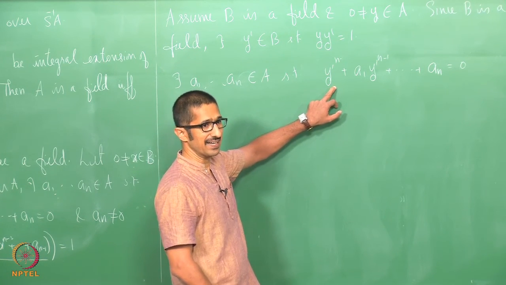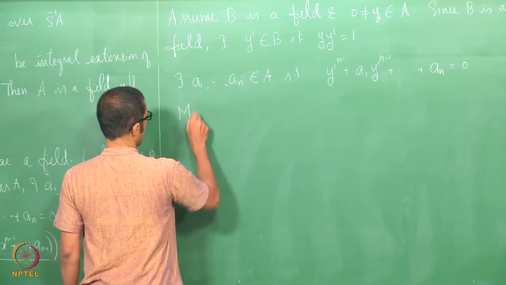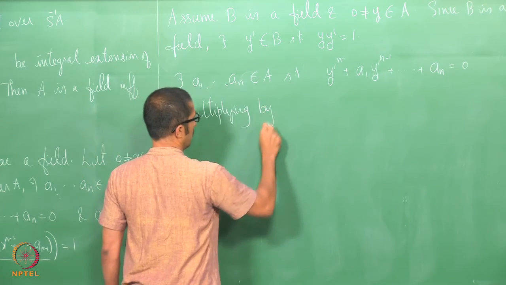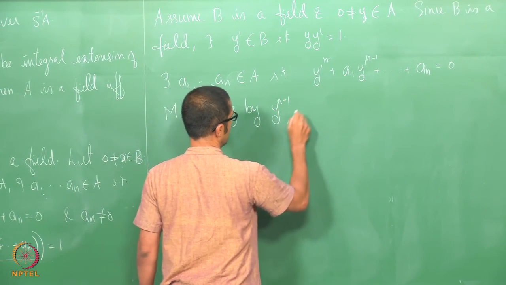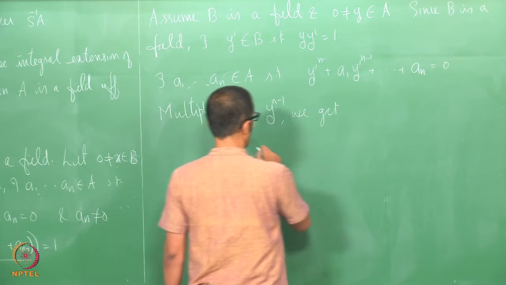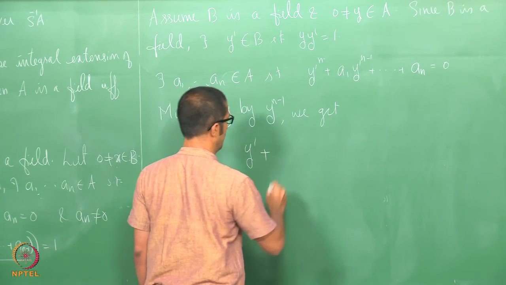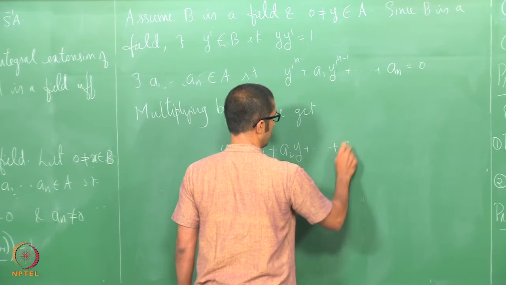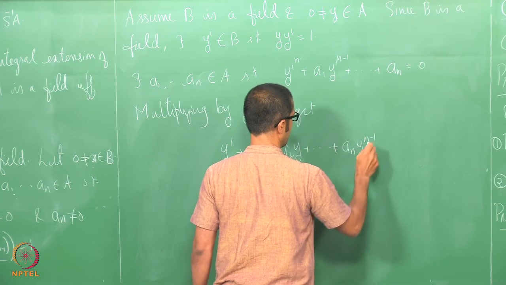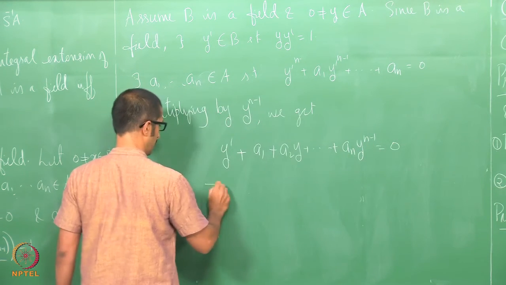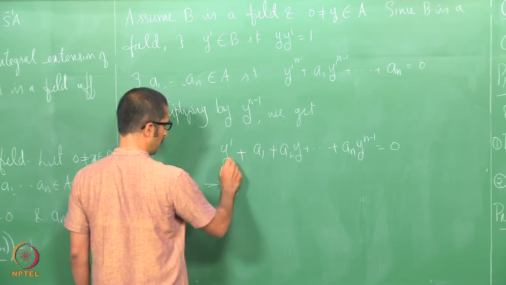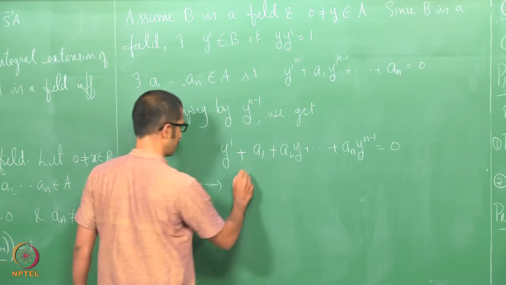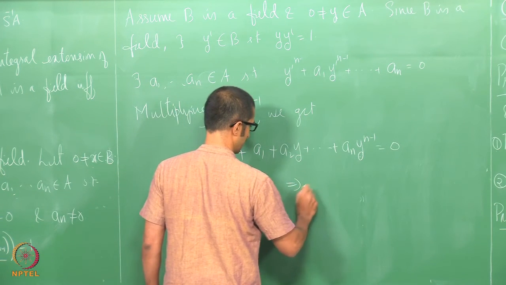Multiplying by y power n minus 1, we get y prime plus a1 plus a2 y plus etcetera an y power n minus 1 is 0, or in other words, y prime is a linear combination of elements in A, therefore y prime is in A. This implies A is a field.